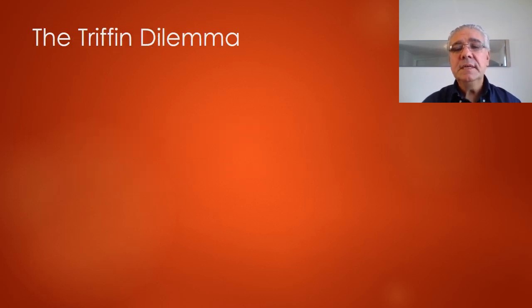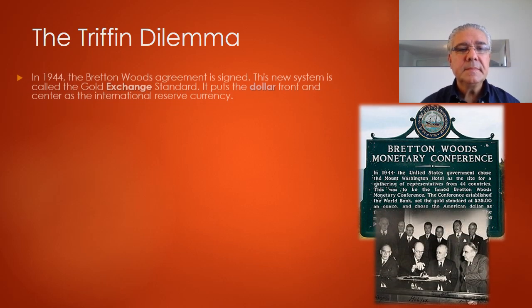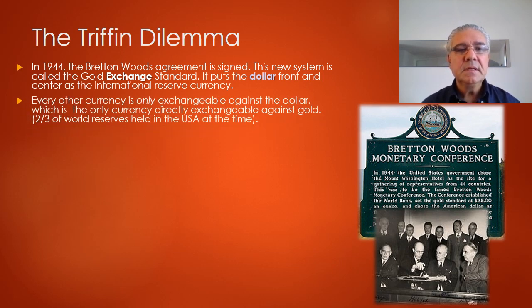So now, let's begin with the Triffin dilemma. In 1944, the Bretton Woods agreements are signed. The new system is called the Gold Exchange Standard, and the dollar becomes the dominating currency in the world. Now, the system works as follows.